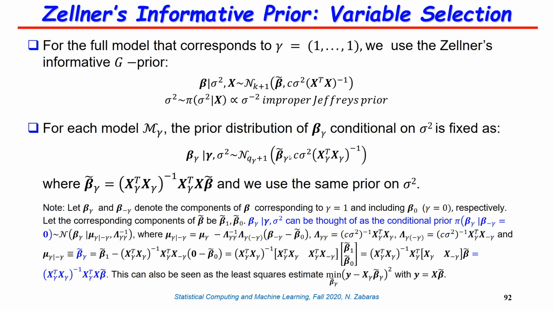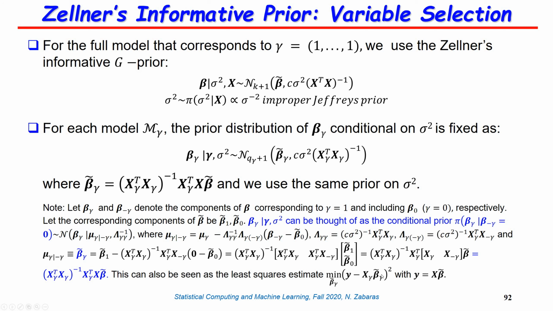One way you can think of computing this tilde of beta gamma is to minimize the squared error between x tilde of beta, my generic prior mean, and x gamma tilde of beta gamma.